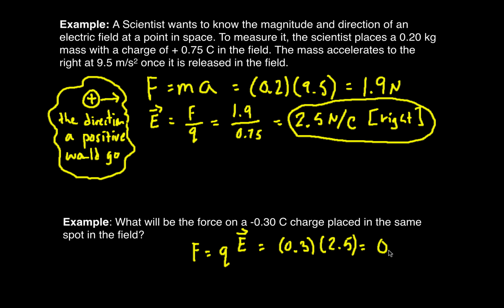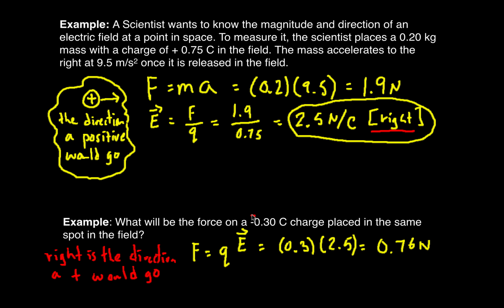This gives us 0.76 newtons, but we have to figure out the direction. Since the electric field direction is the direction a positive would go, so right is the direction a positive would go in that field, because the field is to the right.